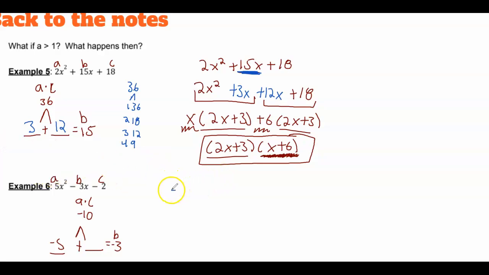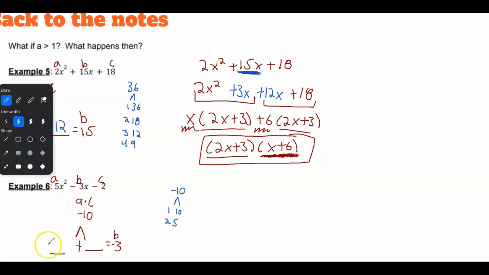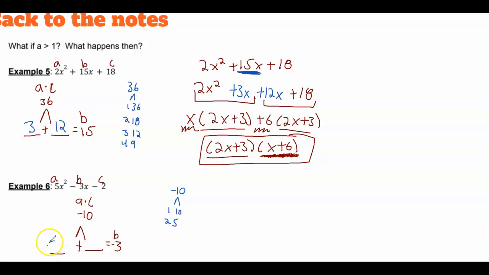Factors of 10, okay, I can do something with 2 and 5. So 2 and 5, my 5 needs to be negative.